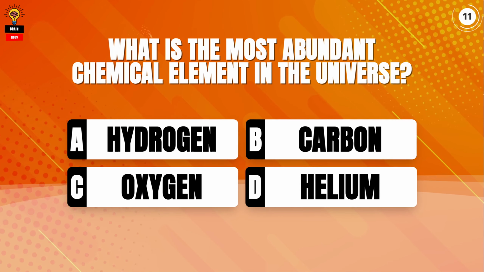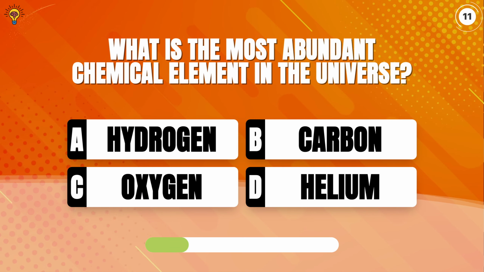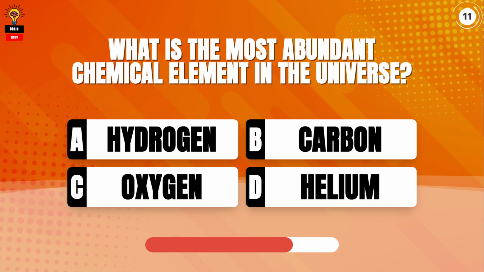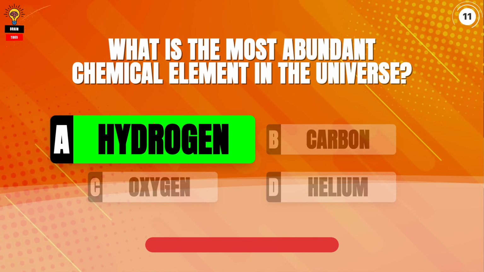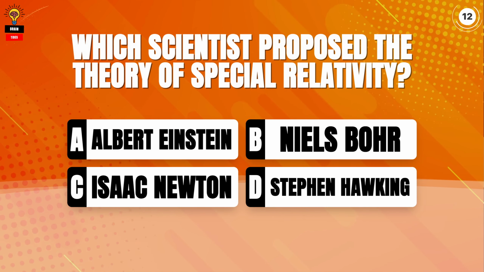What is the most abundant chemical element in the universe? Hydrogen. Which scientist proposed the theory of special relativity?